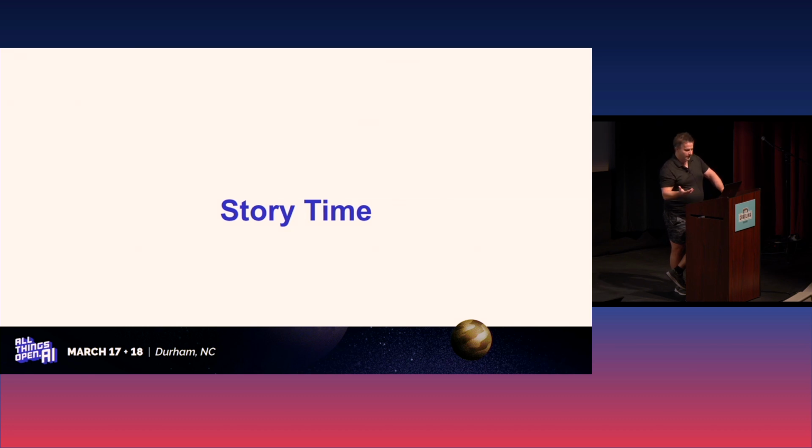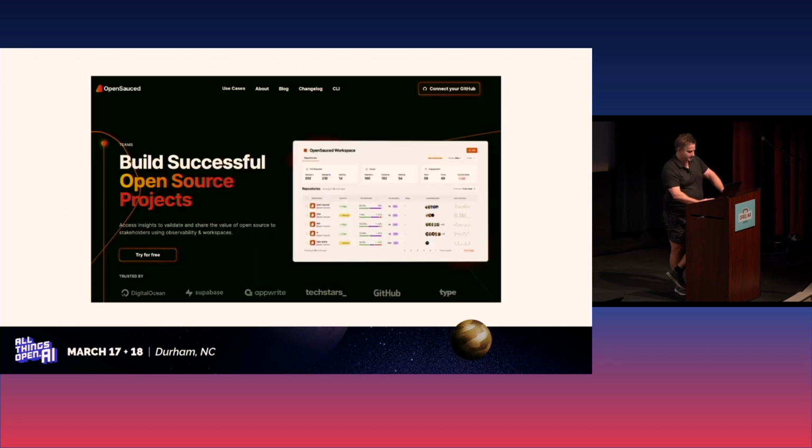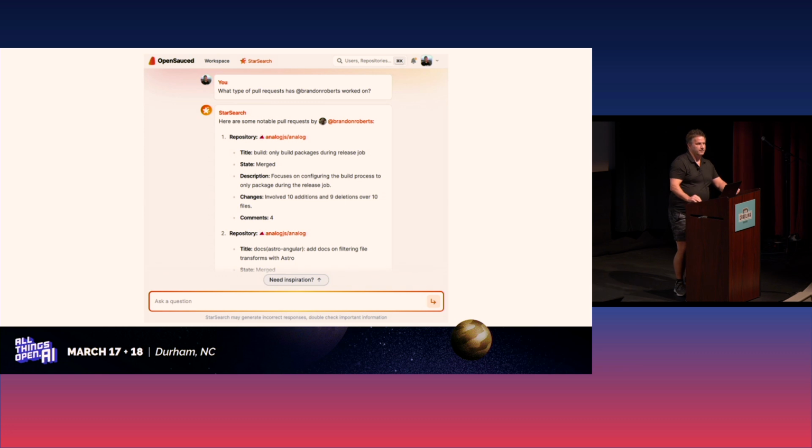So why am I giving this talk? I don't work at GitHub. So I worked at a company called OpenSauce up until last November. And we were basically GitHub Insights on steroids in a nutshell. And so we were building out this tooling. And we also had this AI offering called Star Search. So I didn't do the back-end infrastructure, but I built out the whole chat experience in terms of the front end.